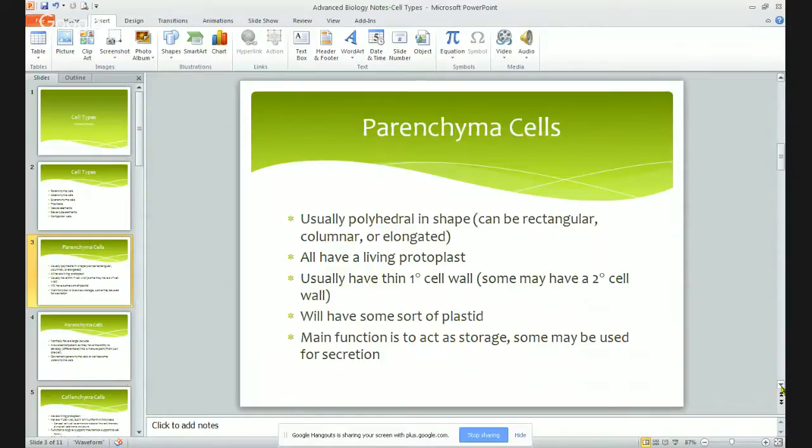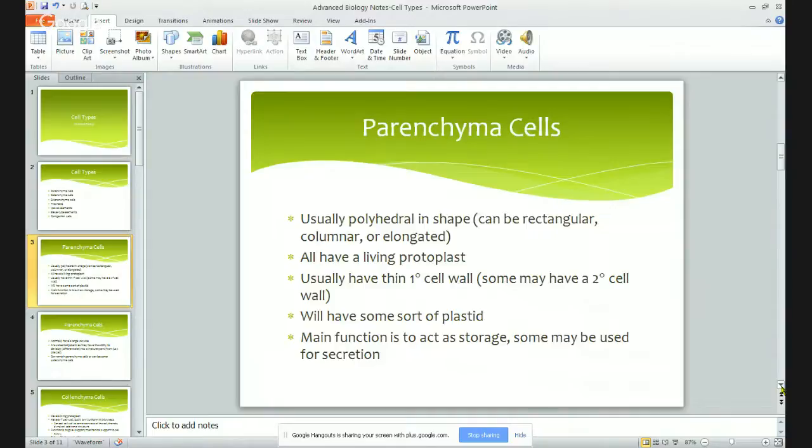So the main job of these particular cells is to act as storage. They can be used for secretion. In some plants that produce nectar, these particular cells will form the nectary, which is the gland that produces nectar.